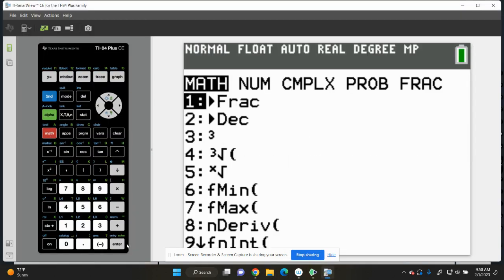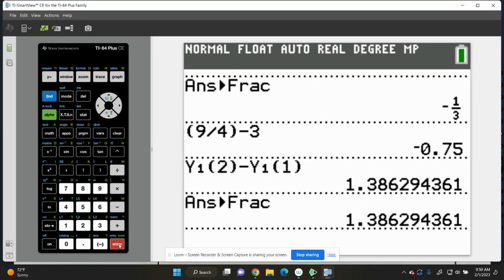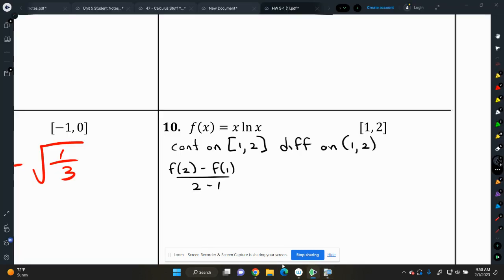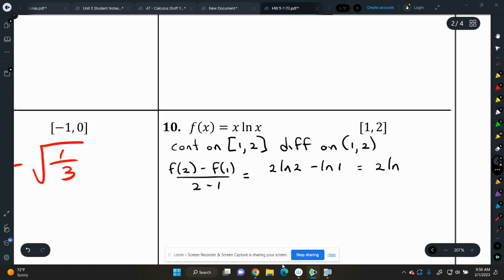Let me just convert this to a fraction. Okay, it doesn't convert to a fraction. All right, so that means I need to go back and I need to do it by hand. Right. So we're going to have 2 natural log of 2 minus the natural log of 1, which is 0. So this is 2 natural log of 2, and it's over 1.